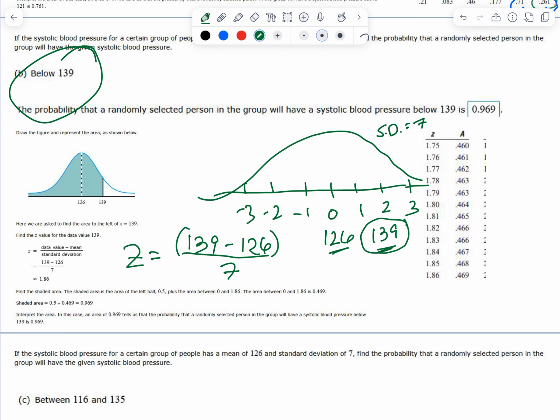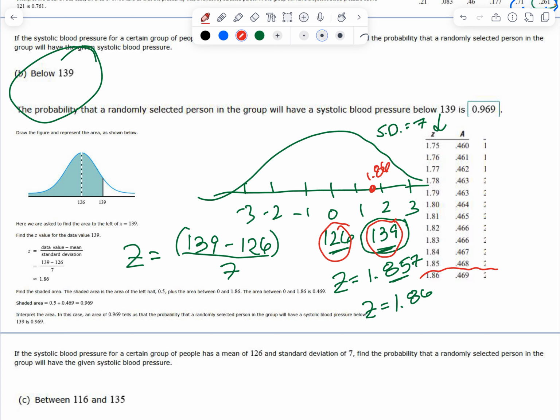I am getting a z-score of 1.857. Notice you only want to come out to 2 decimal places, so we're going to make this a z-score of 1.86. Notice it's a positive z-score because 139 is higher than 126. So 1.86 is somewhere here.